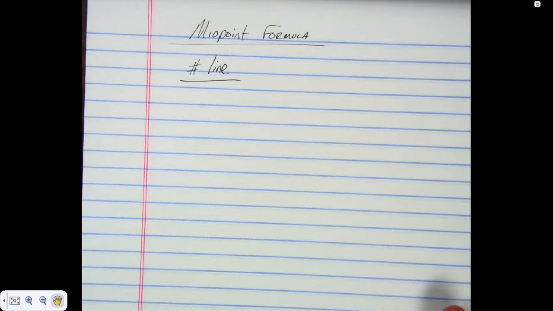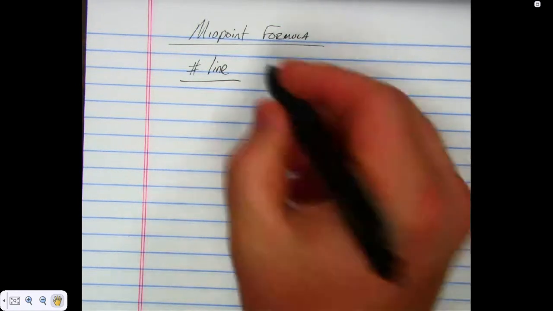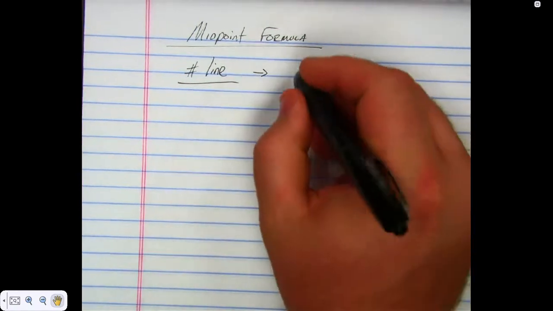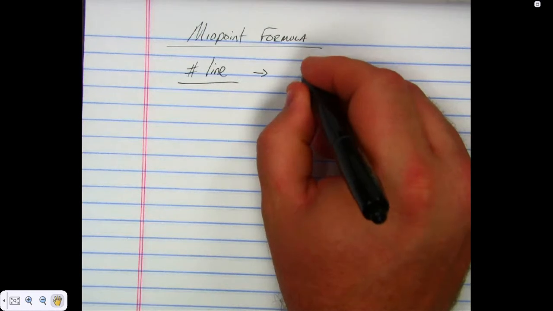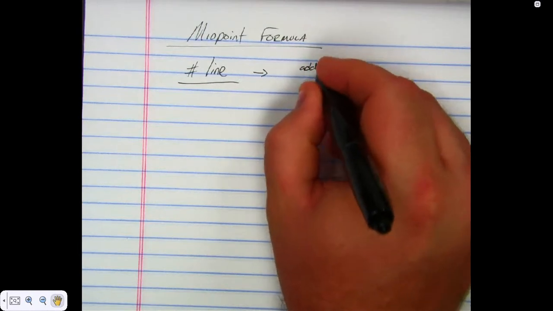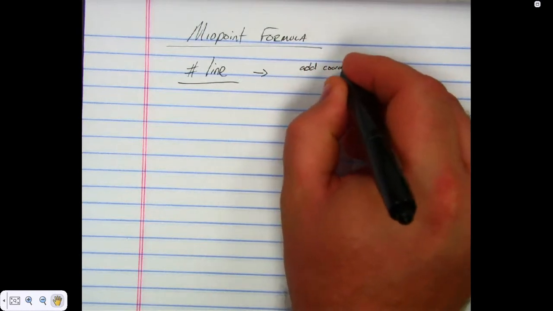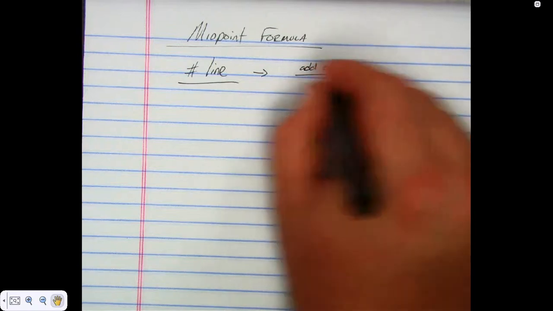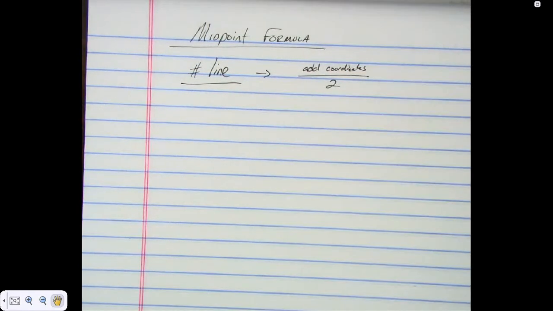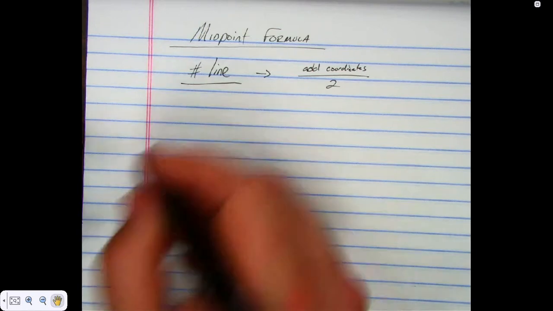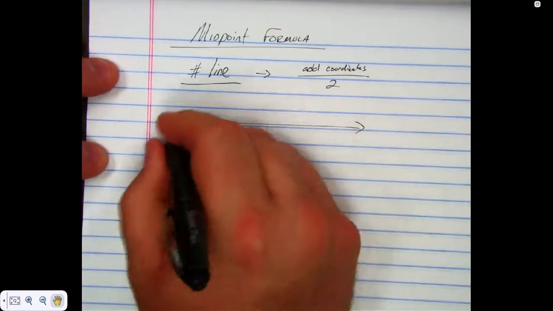What's up with that? Midpoint formula on a number line: you add the coordinates and divide by 2. We're going to do a really simple one.